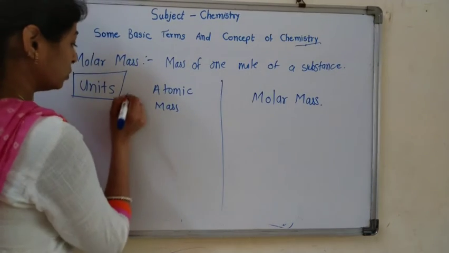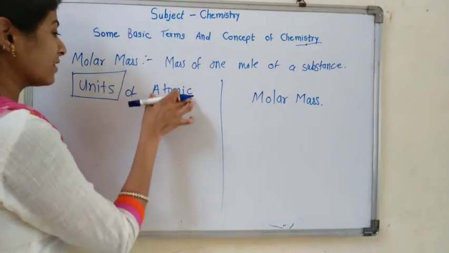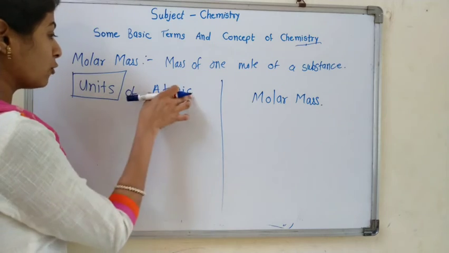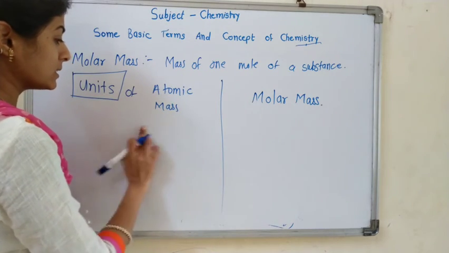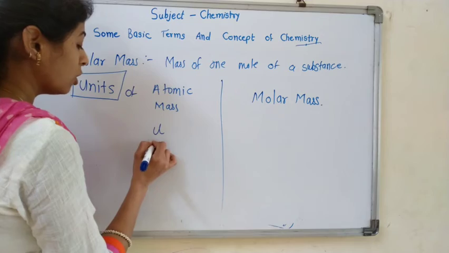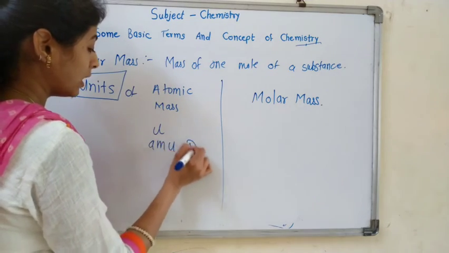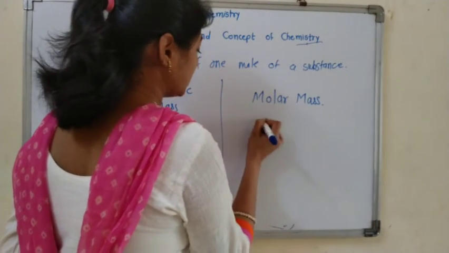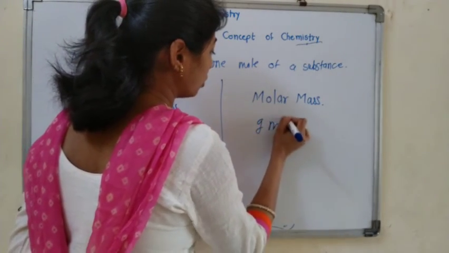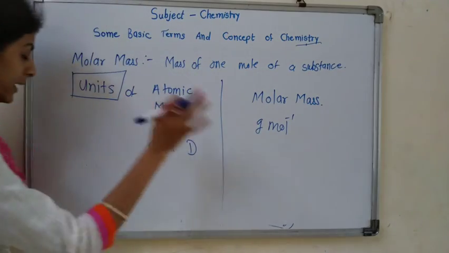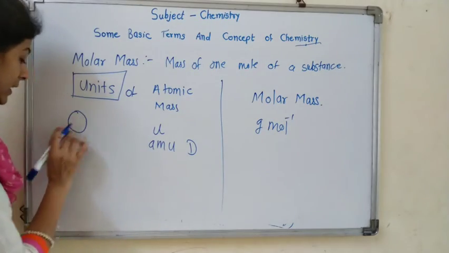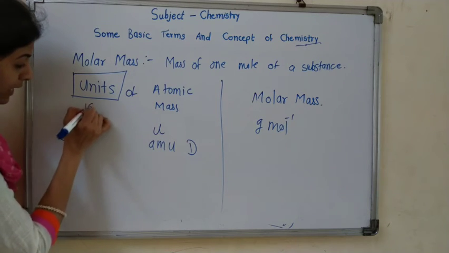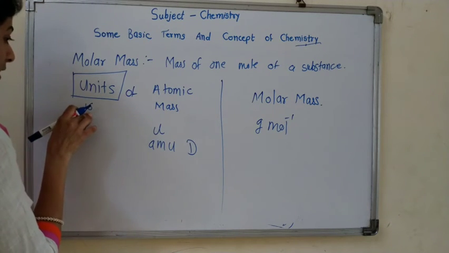Now one thing to be noted here is the units of atomic mass and molar mass. The unit of atomic mass is U or AMU or Dalton. Okay. And molar mass is measured in gram per mole or gram mole inverse. For example, here we have taken an example of the oxygen atom having atomic number 8 and atomic mass 16.